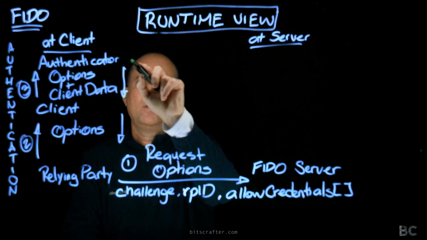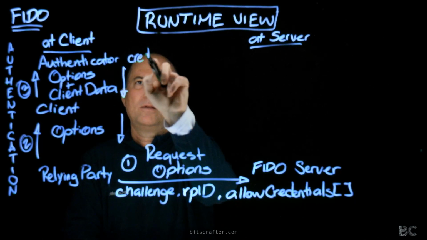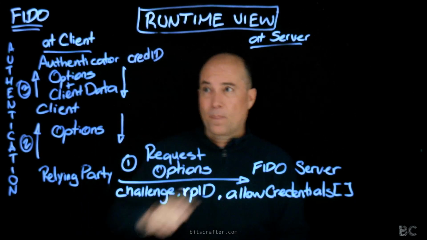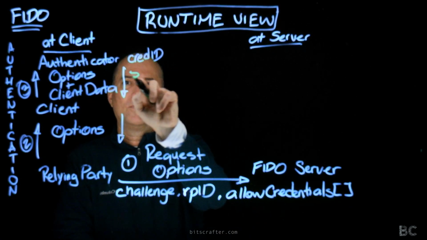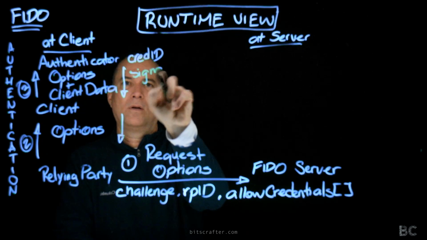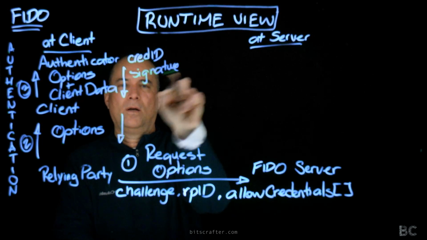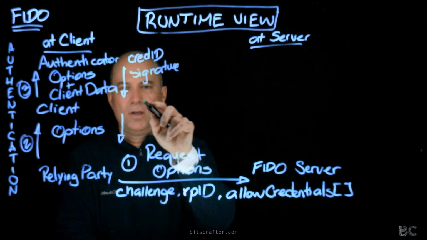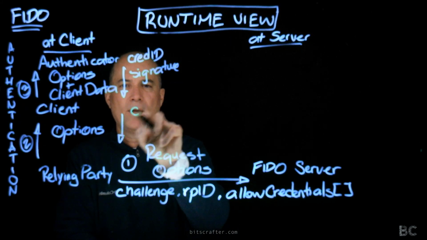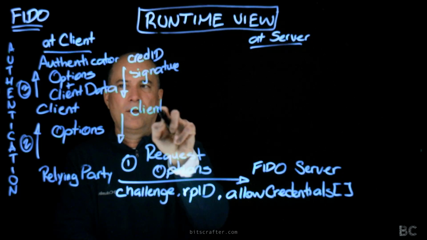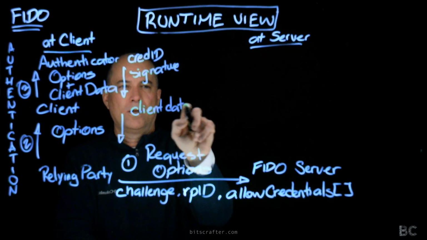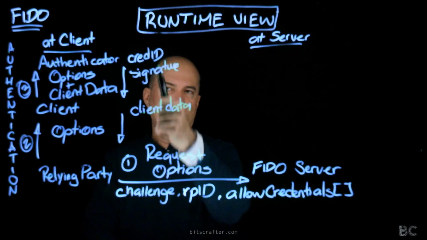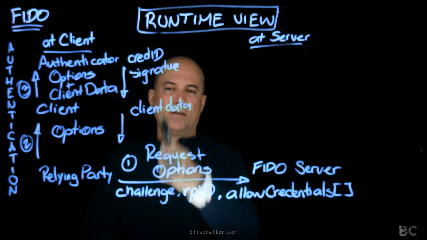One of the parameters that are inside this authenticator data is the credential ID. It's going to return also a signature, and at the end, to the RP is also going to come back the client data. So the signature is mostly over the authenticator data that includes the credential ID and the client data.